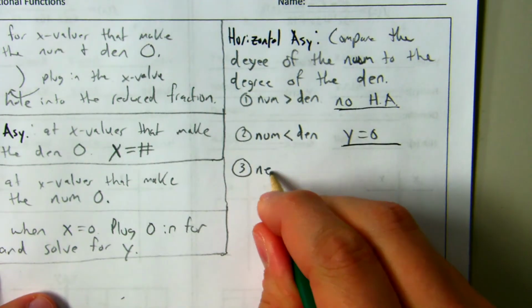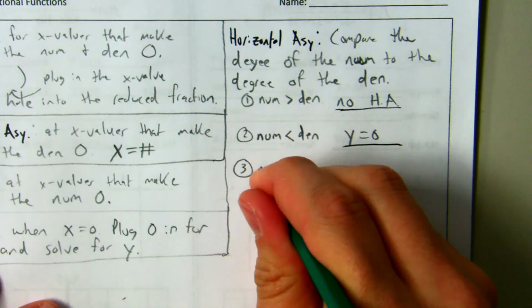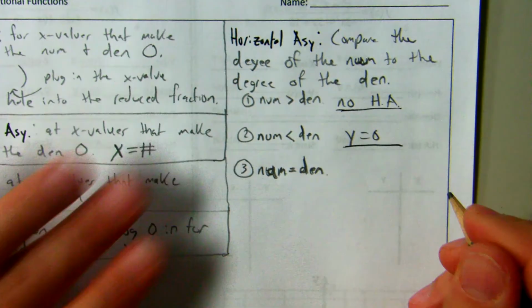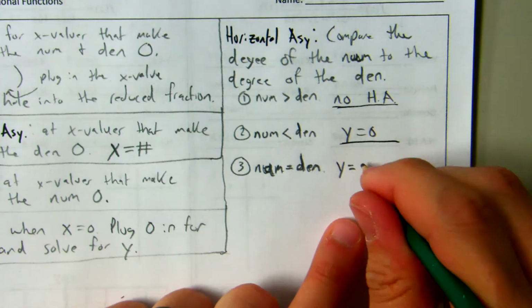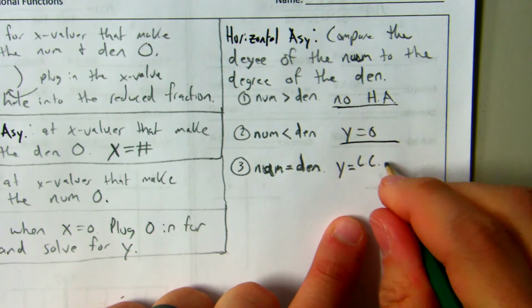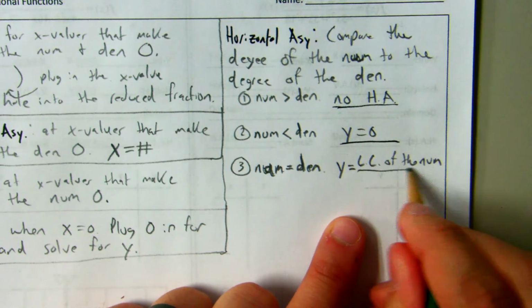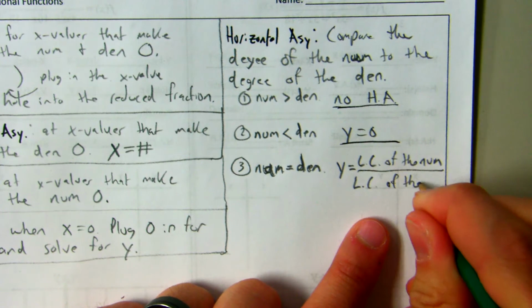And if the degrees are equal, the degree of the numerator equal to the degree of the denominator, it will be y equals the leading coefficient of the numerator divided by the leading coefficient of the denominator.